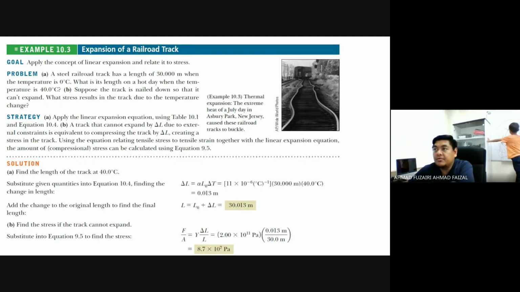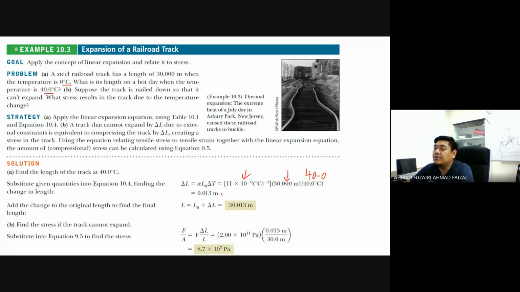Let's go to an example of linear expansion. A steel railroad track has a length of 30 meters when the temperature is zero. What is its length on a hot day when the temperature rises to 40 degrees Celsius? You find delta L by alpha L naught delta T. Alpha you can refer to the table, L naught is 30, and delta T is 40 minus 0.